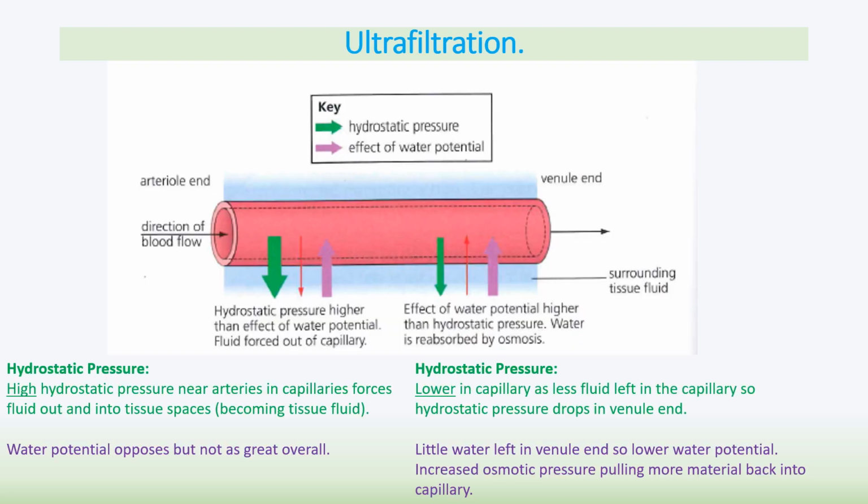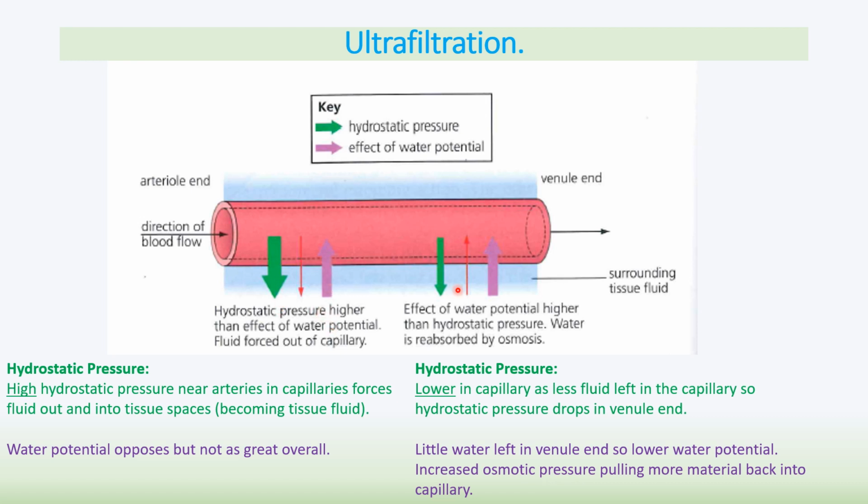So if you want to ask how fluid is likely to leave at the arterial end of the capillary, there is high hydrostatic pressure near the arteries, and that forces fluid out into the tissue spaces. There is some opposition from water potential, but it's not great overall. So the green here is greater, forcing liquids out, than the water potential forcing it back in.